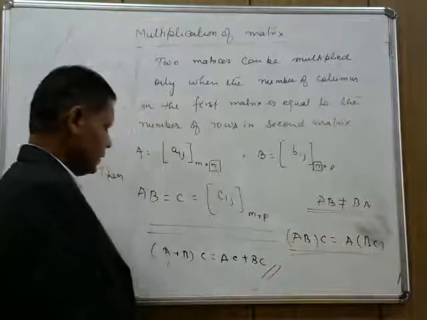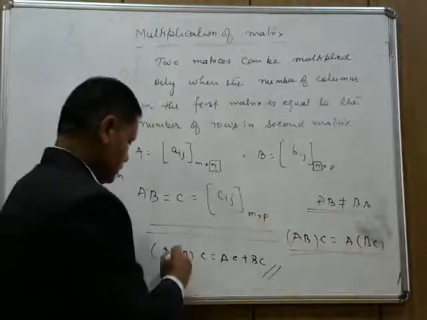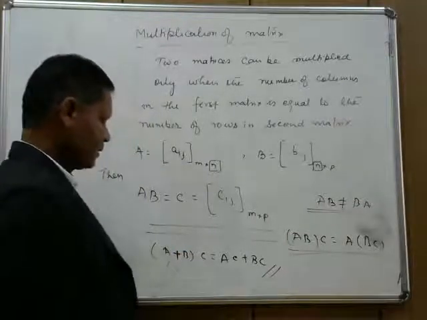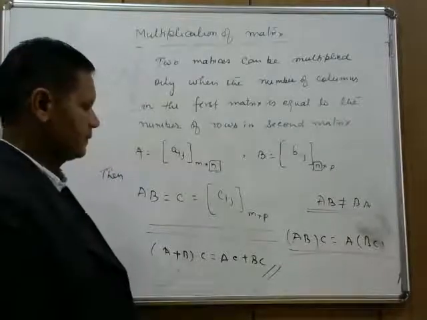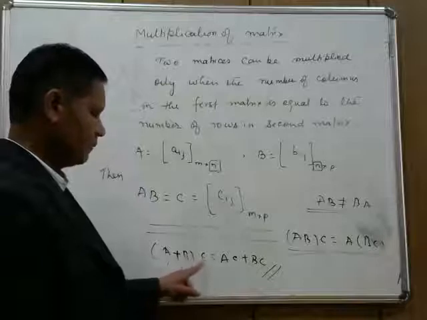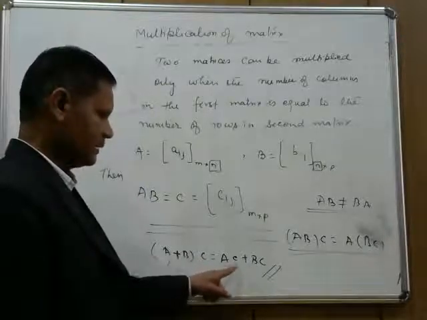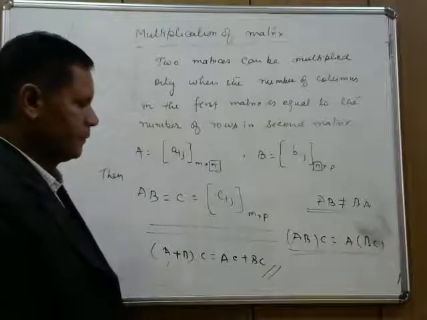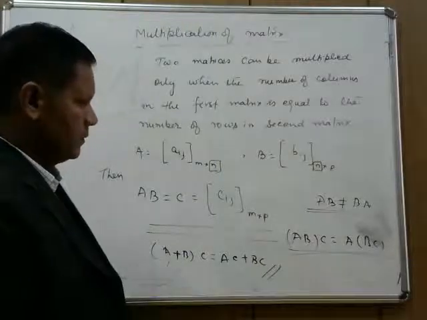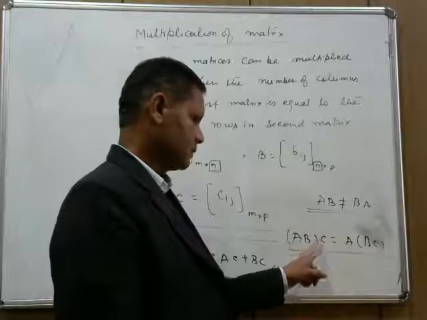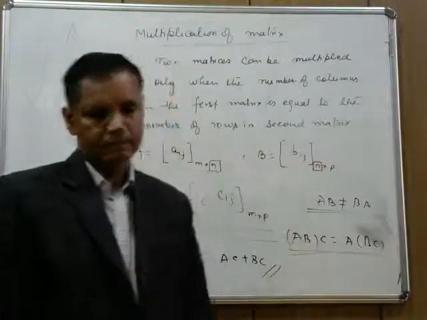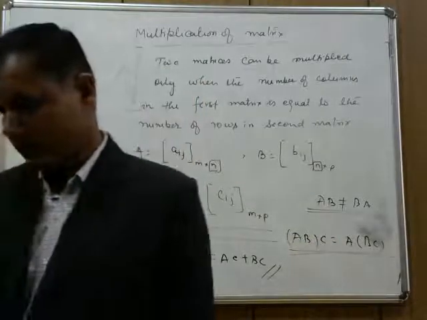That is, matrix multiplication is distributive over addition. A plus B multiplied by C will be equal to AC plus BC. Right? And matrix multiplication is also associative.